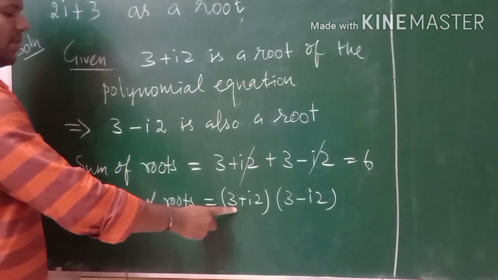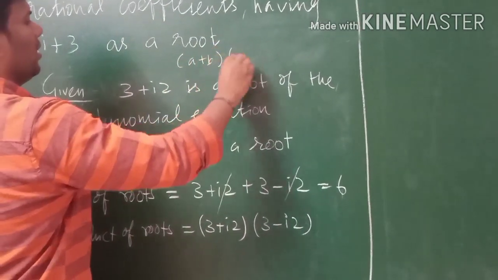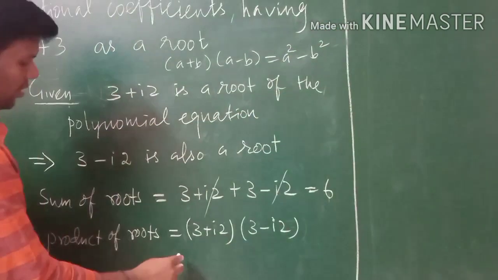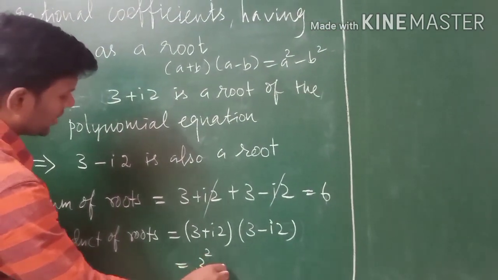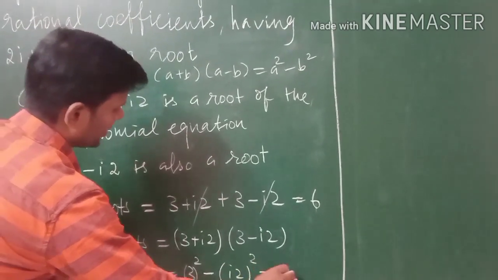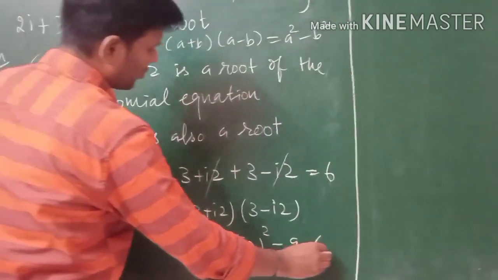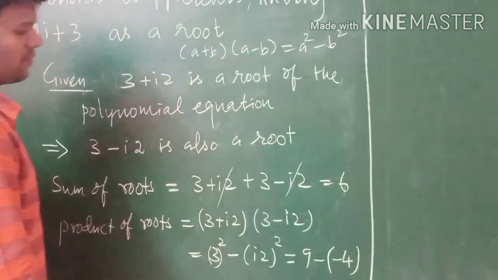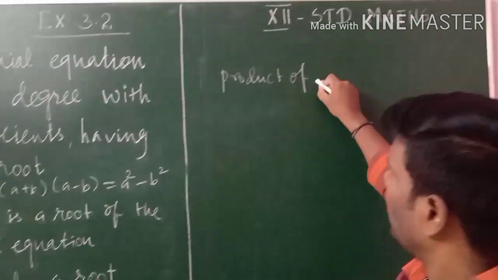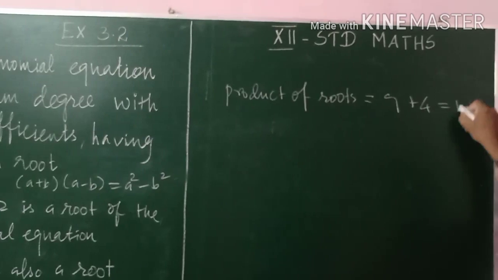It is in the form of a plus b into a minus b. What is a plus b into a minus b? a square minus b square. So 3 square minus i2 square. 3 square is 9, i square is minus 1, 2 square is 4, so it is minus 4. So the product of roots is 9 plus 4, it is 13.